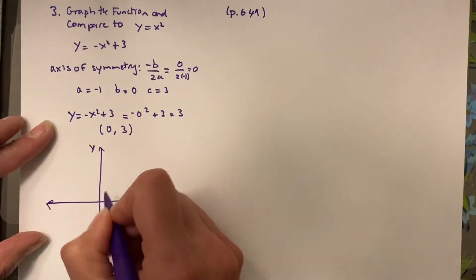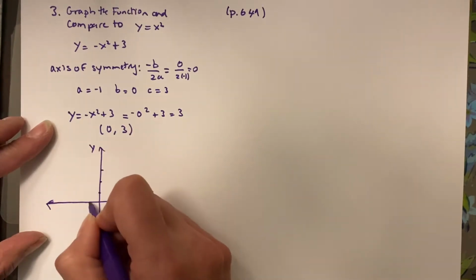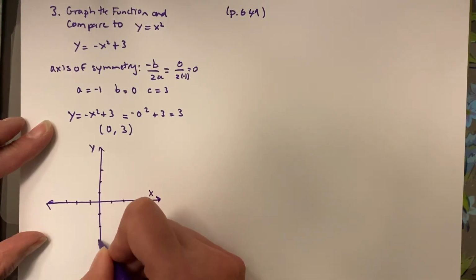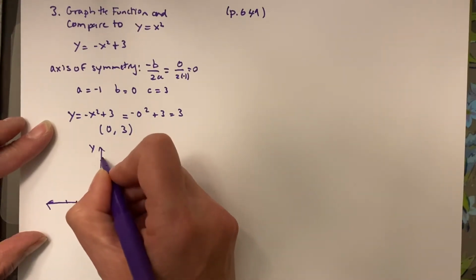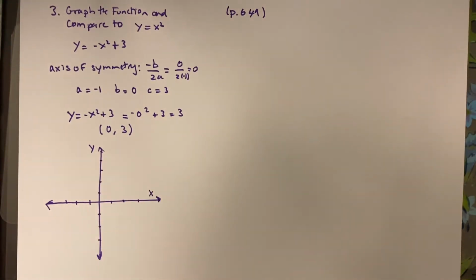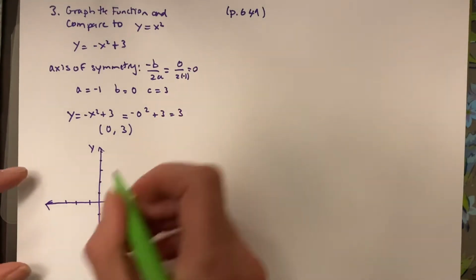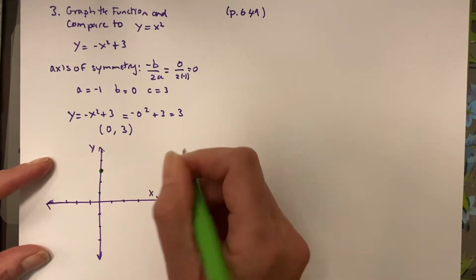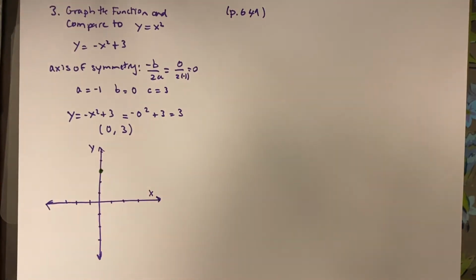X, y. So I'm going to start, I'm going to put this function in green. And now I have to find a couple of points, right?